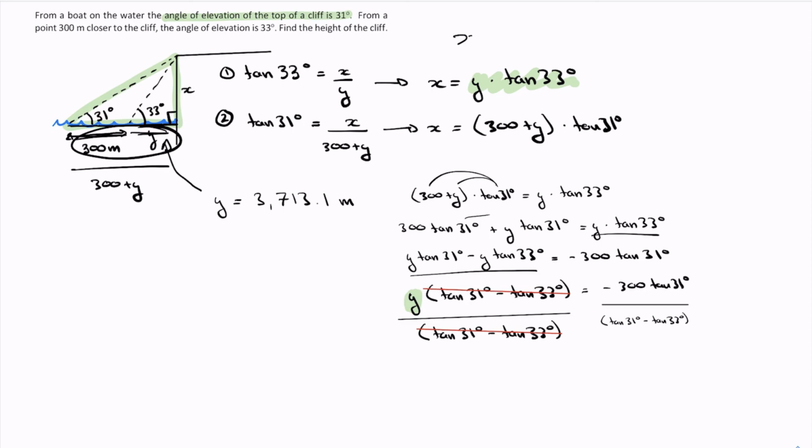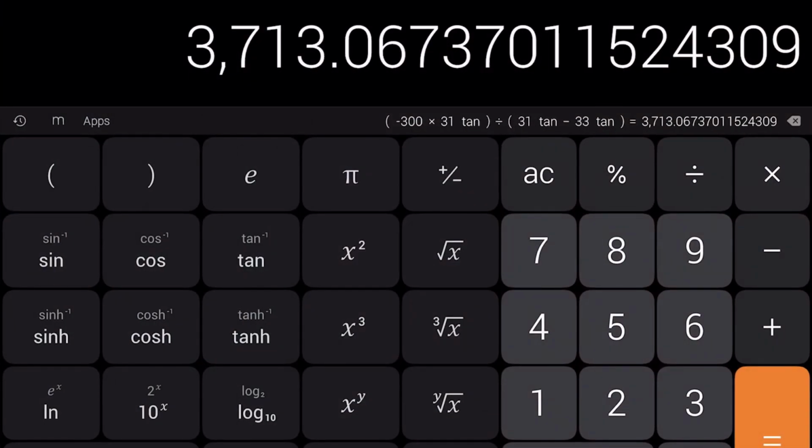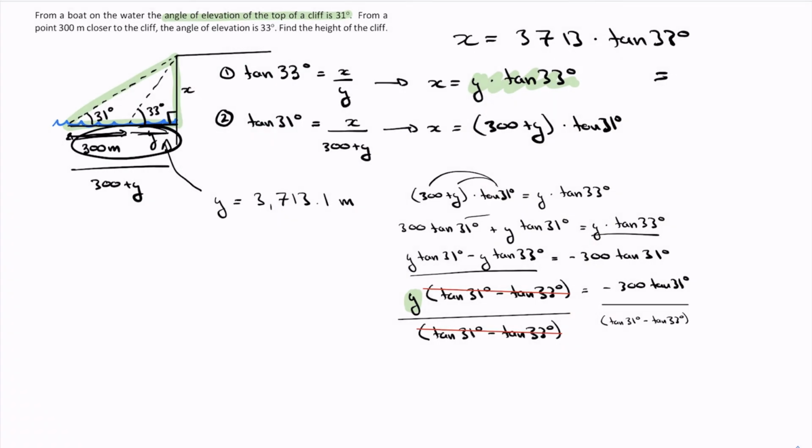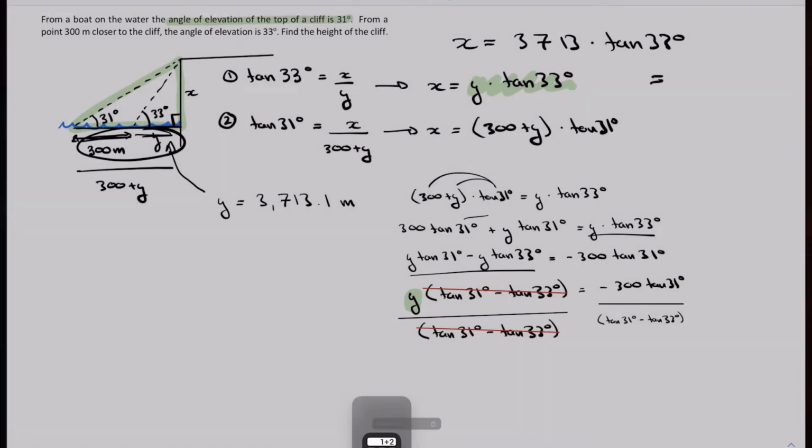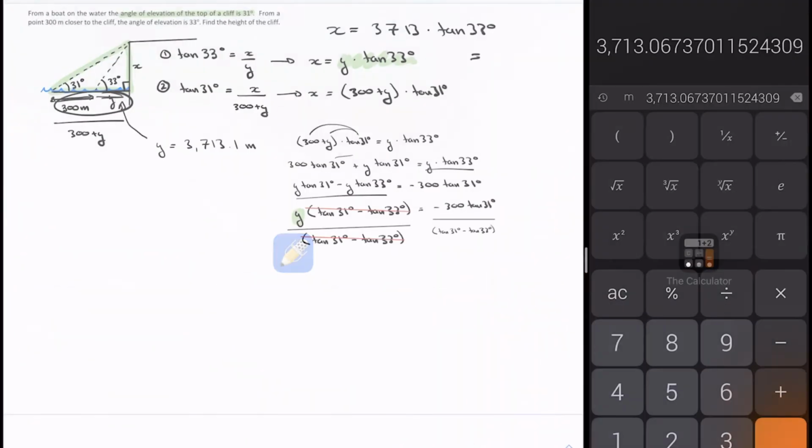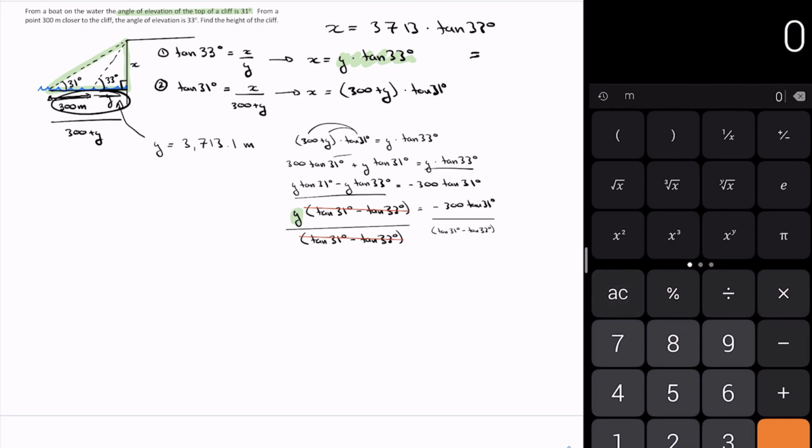Let's do that. So I get x equals 3,713 times tan of 33 degrees. And I'm going to have to get the calculator up again. Bring it over here. I'm going to clear everything.